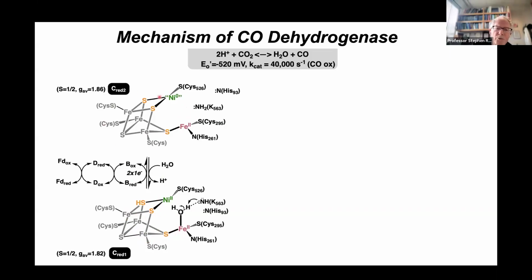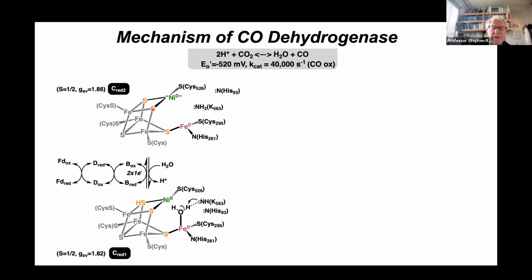What I'm showing is 2 electrons more reduced than this state. So this can be reduced by dithionite and many different chemical reductants, but that's also key to the whole process of CO2 reduction to CO, which of course is a 2 electron redox reaction.